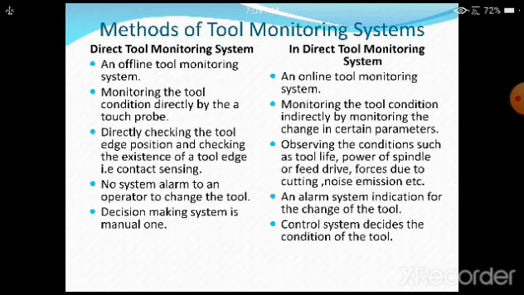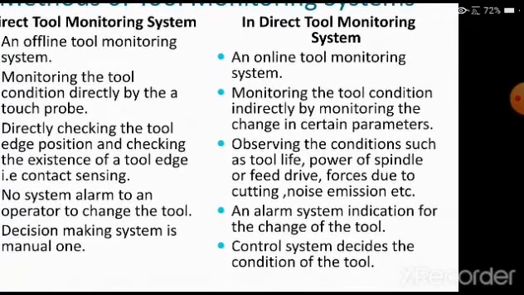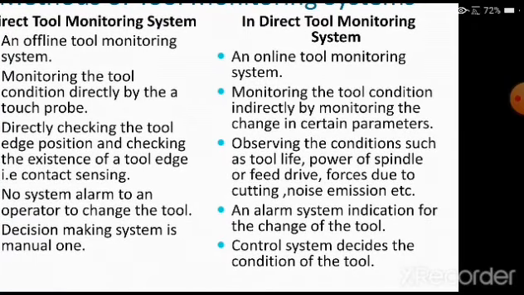So definitely the indirect tool monitoring system is the most commonly used as far as automatic operation is concerned. An indirect monitoring system is called an online tool monitoring system.